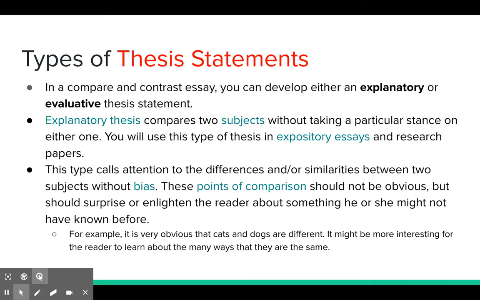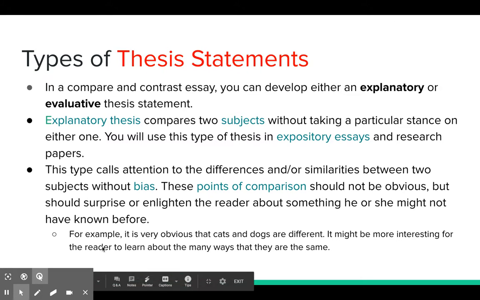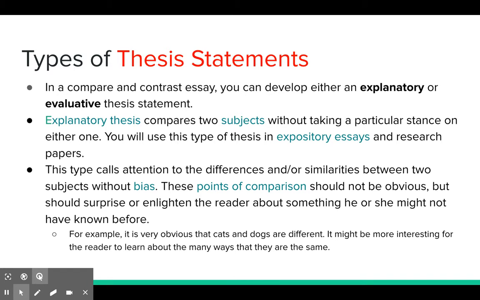It's also important to note that we will be avoiding first person during this type of writing. And down here below, we have an example of what you want to make sure that you are avoiding. So if your essay were to focus on similarities and differences between cats and dogs, then we already know it's obvious that they are different.